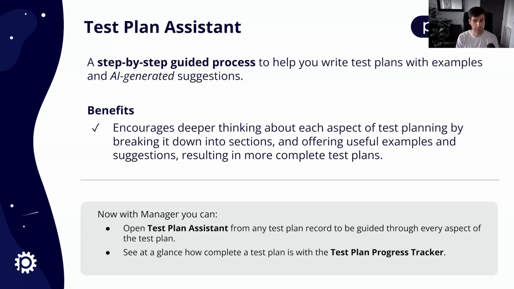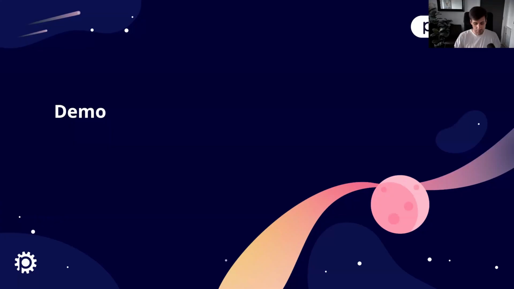The benefit is that we want to encourage all testers to think deeper about each aspect of test planning, and we do it by breaking it down into different sections, making it a bit easier to do, and also by offering those examples and suggestions, so that in the end you end up with a more complete test plan. So we will just go into the demo, and I'm going to show you how you can benefit from it.